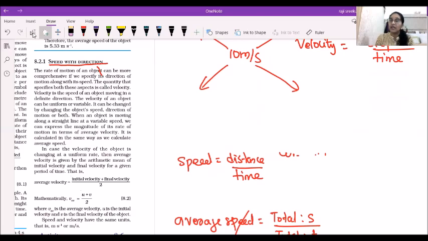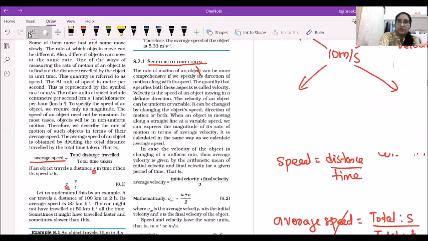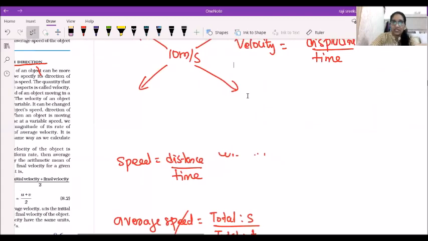That means we are taking the average of the velocity. So initial velocity plus final velocity divided by 2 will give you average velocity. But average speed was total distance divided by total time. So this is the difference.